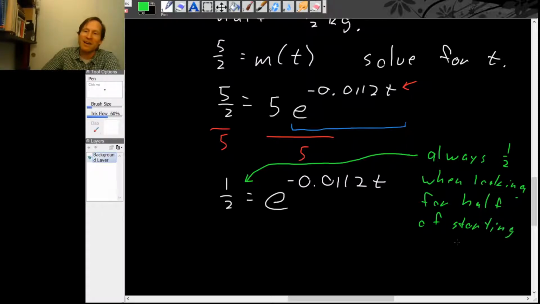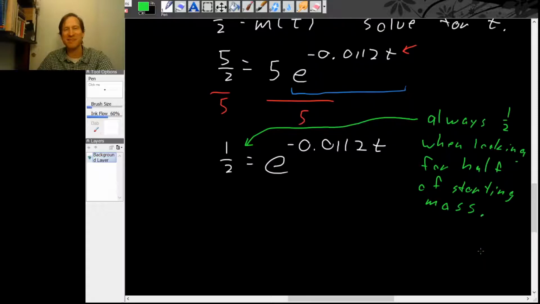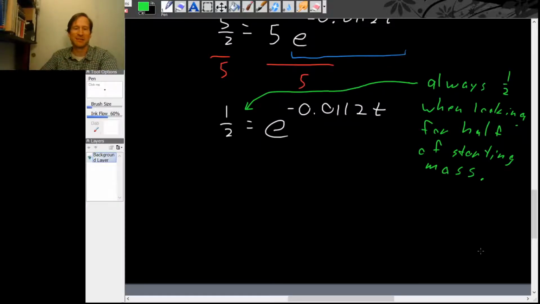So when we find the time that it takes to get to half of the 5 kilograms, what we're actually finding is the time that it takes for the mass to be half of what it started as, no matter what it started as.